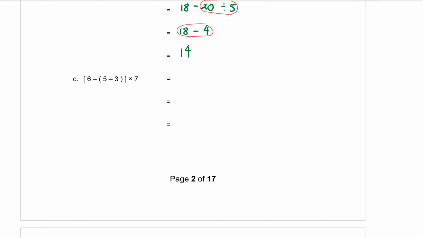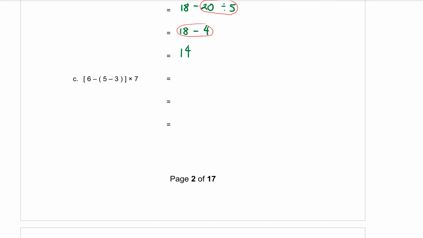Okay, part C. First step is brackets, but we've got big square brackets and we've got little round ones. Yes? That's all right, yep. Oh, you tell me how to do it? What's my first step? Do the inside brackets. That's right. When there are 2 sets of brackets, we always start with the inside ones first.